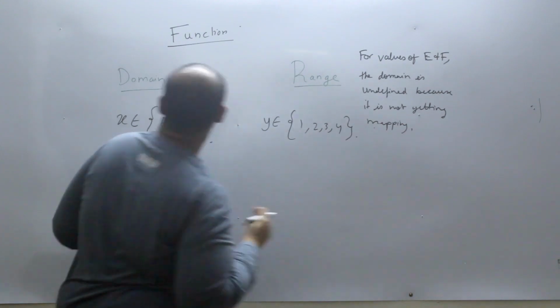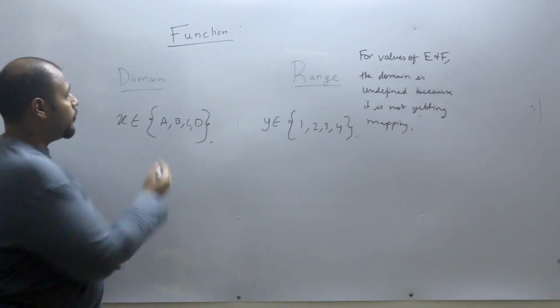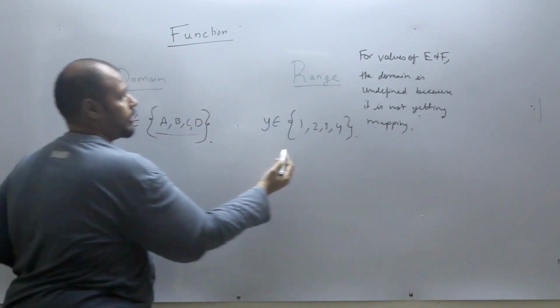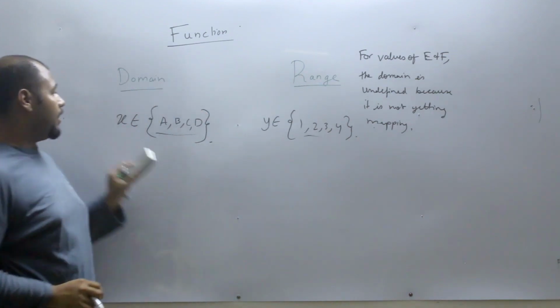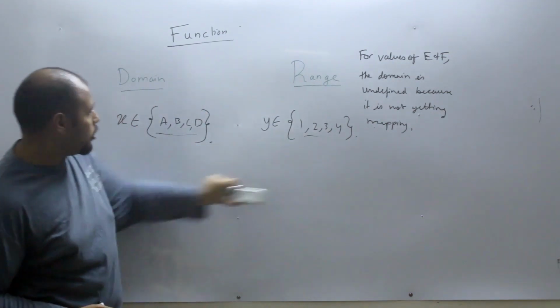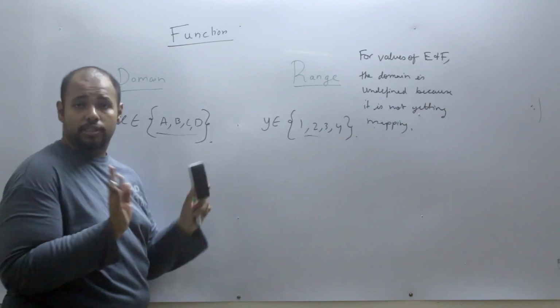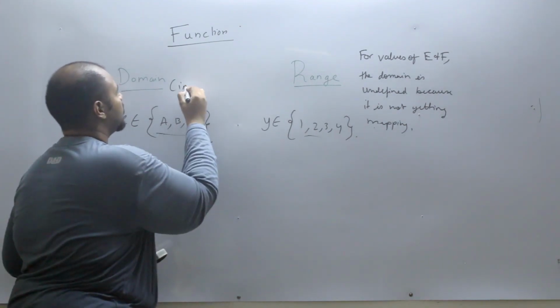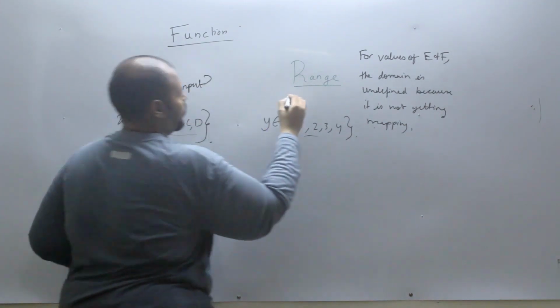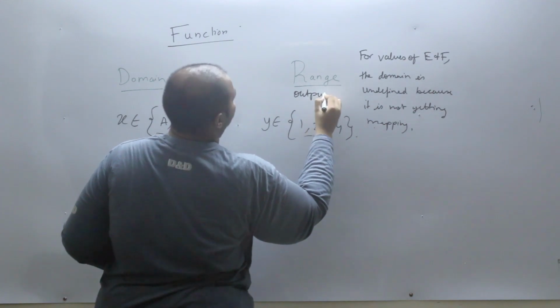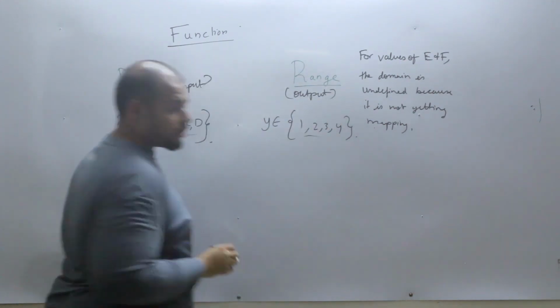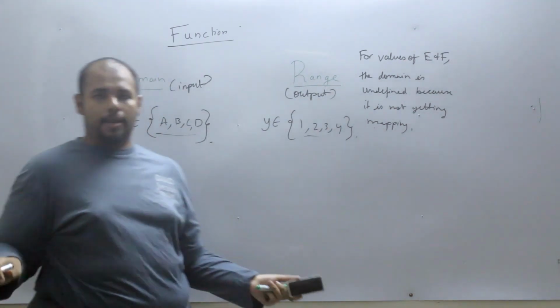So for these values of x, you are getting these values of y. This is the domain and this is the range. These are all sets of values. That's the most important part. This is the input of values, this is the output. This is very important, guys. For various functions, there are various kinds of domain and ranges.